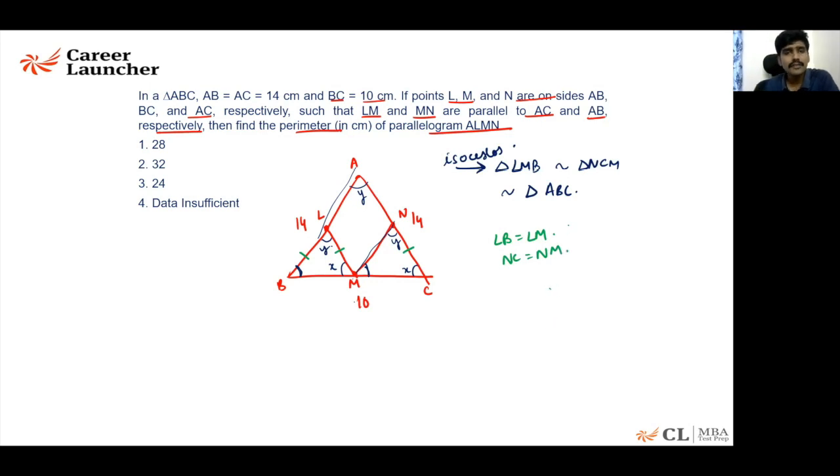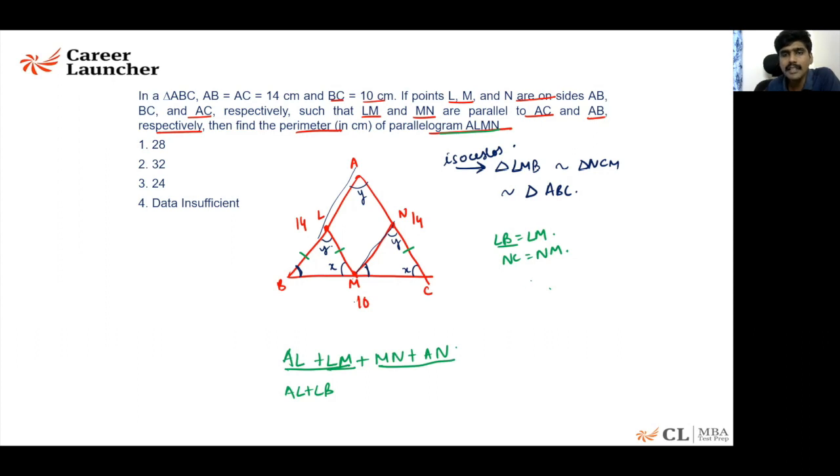Now, if I have to find the perimeter of the parallelogram ALMN, I am supposed to find AL plus LM plus MN plus AN, right? So LM is equal to LB. So you'll get AL plus LB as the first part.